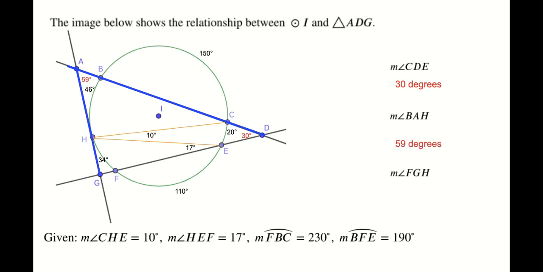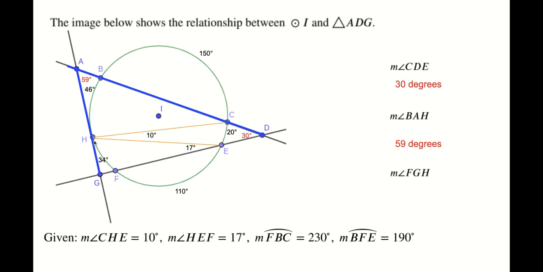Now I also know that BAH is 59 degrees because of that same idea. I'm going to use this large arc here, HFC, and this small arc BH.